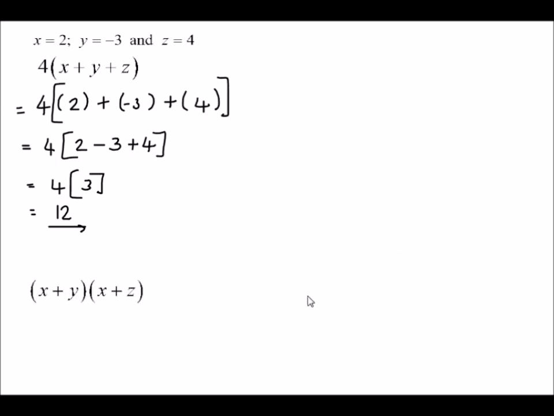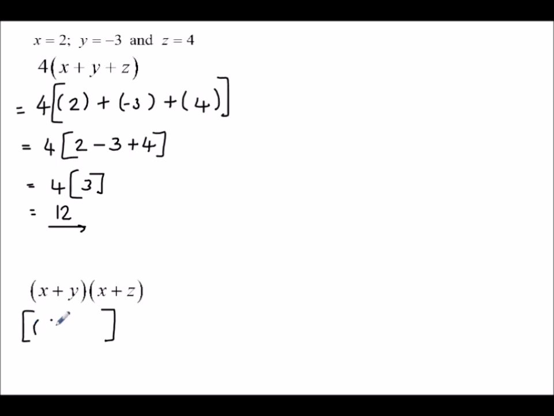X plus y multiplied by x plus z. This is a monomial, one term. Right, so I copy the pattern. Remember, I'm going to have the brackets that I had before, going to make them into square brackets.